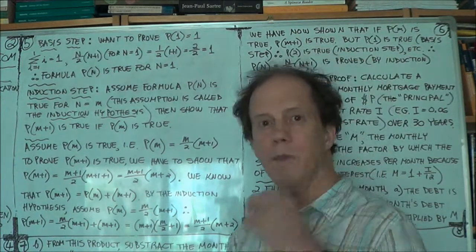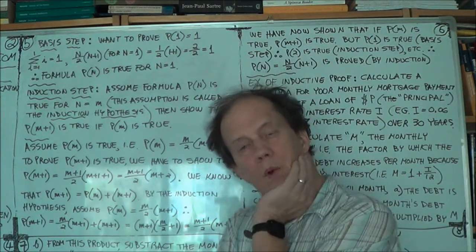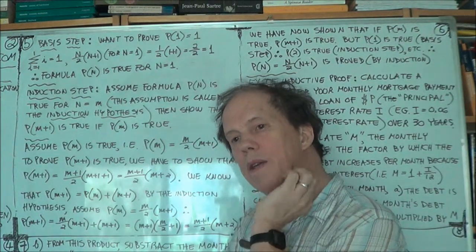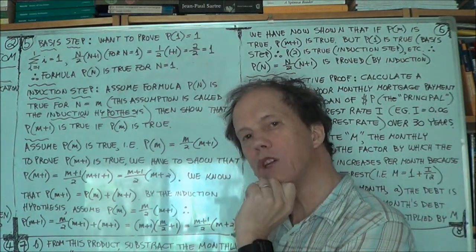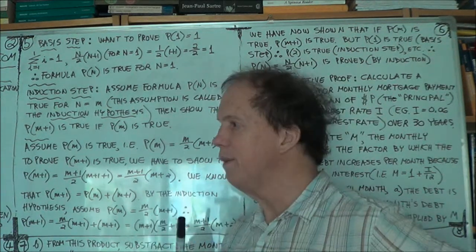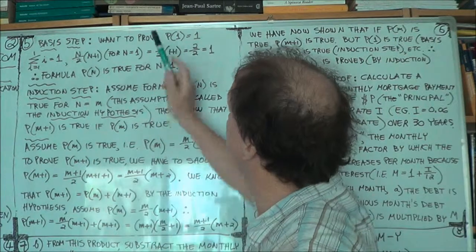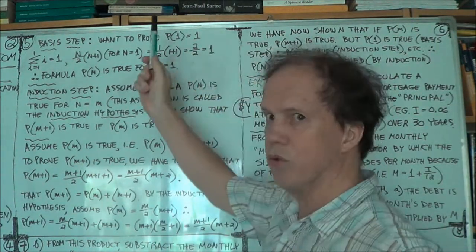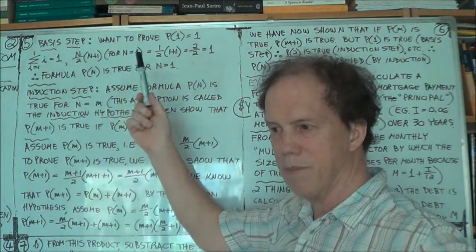Now the first step, remember from the previous session, was the so-called basis step, and you have to show that the formula is true for P of 1. Right? So we have to show that P of 1 is true. And what does that mean?